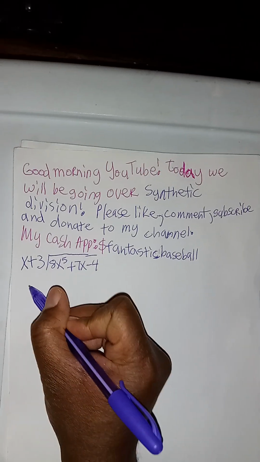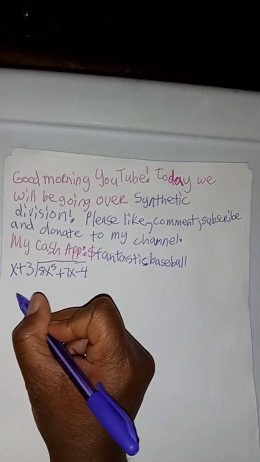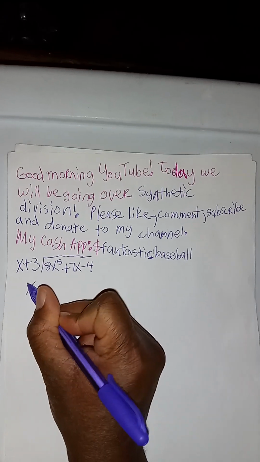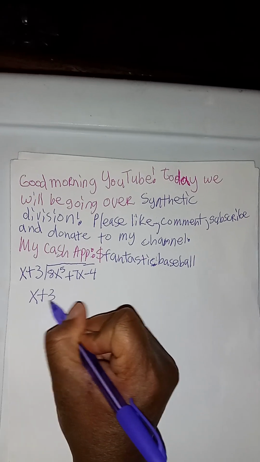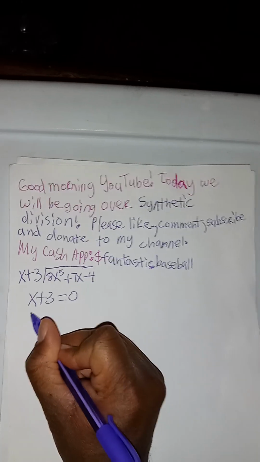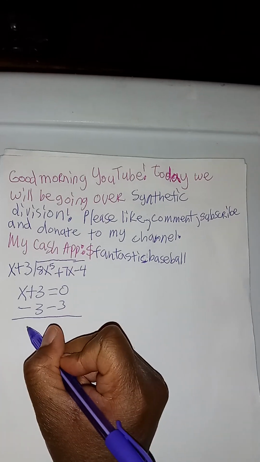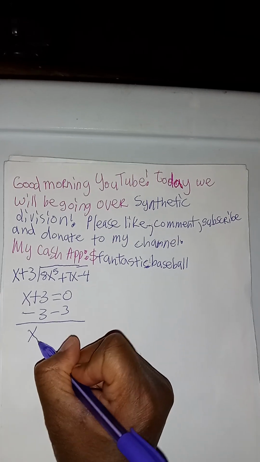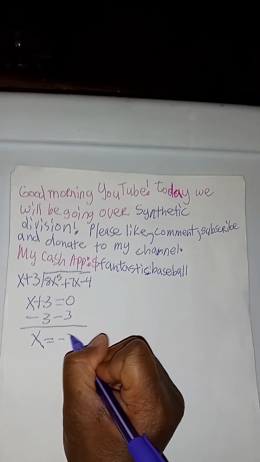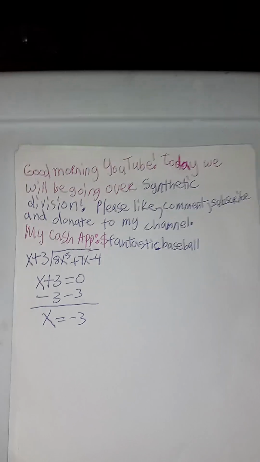So let's look at the x plus 3. Set that equal to 0 and subtract 3 from both sides. And we now see our zero: x is equal to -3.